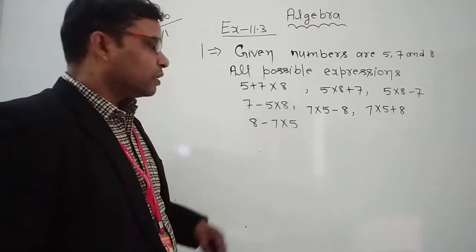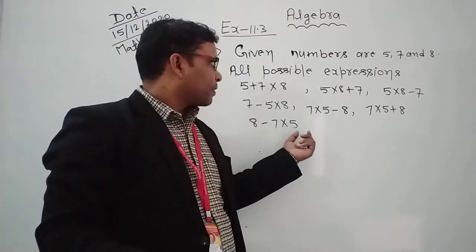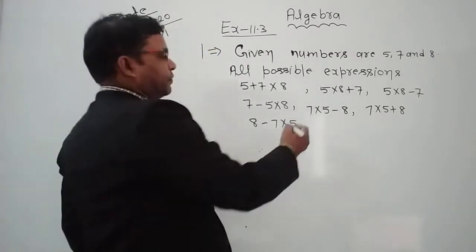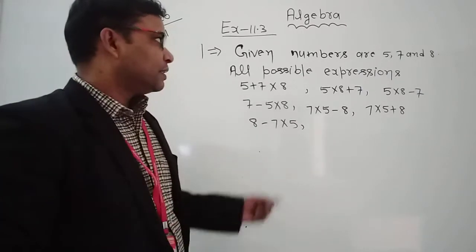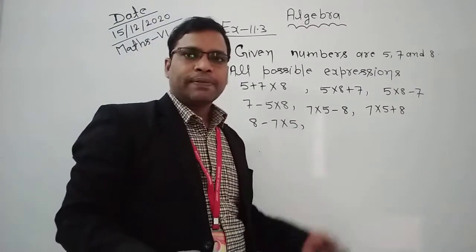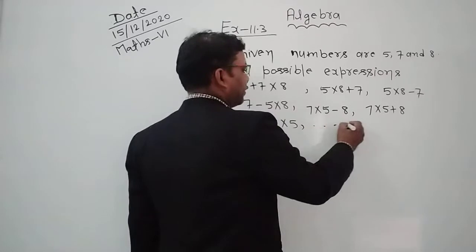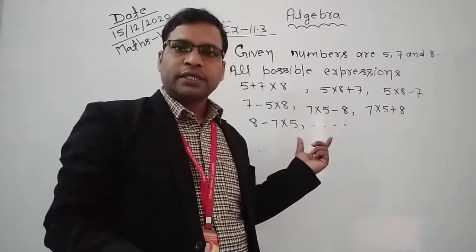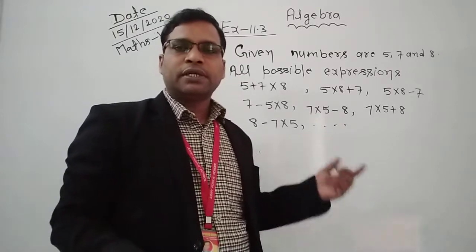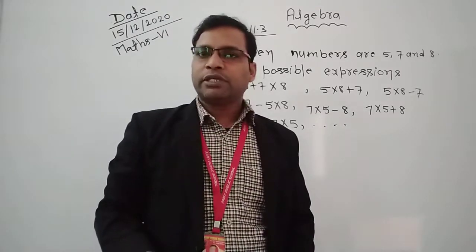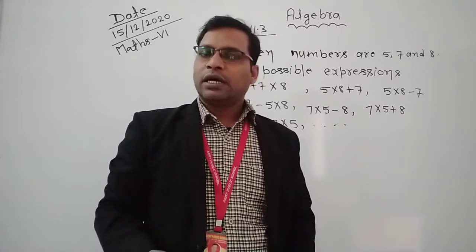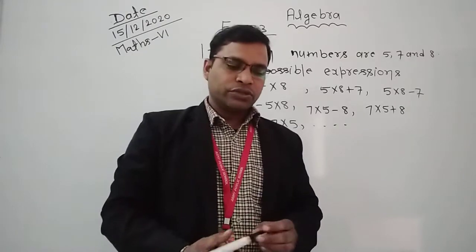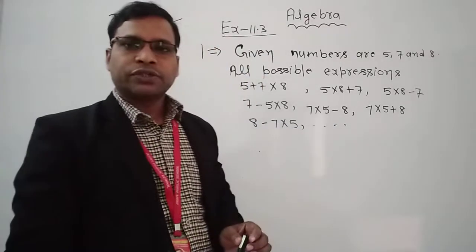And we can make two more expressions, and so on you can make. So here you can see, without variables you make expressions with the help of three numbers 5, 7 and 8 and three operations: addition, subtraction and multiplication. Okay, students, I hope all of you understood this question.